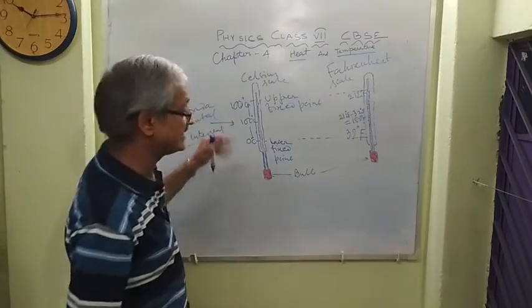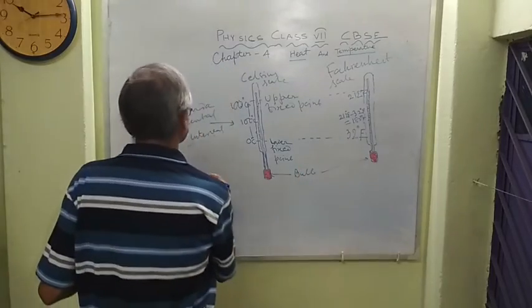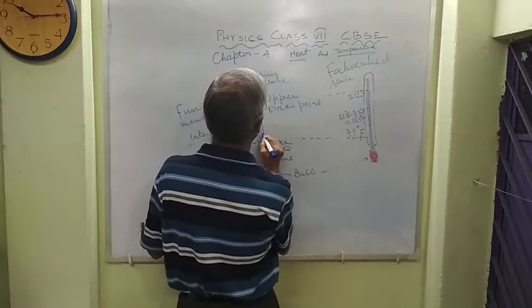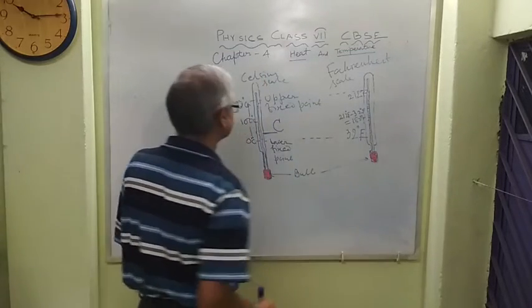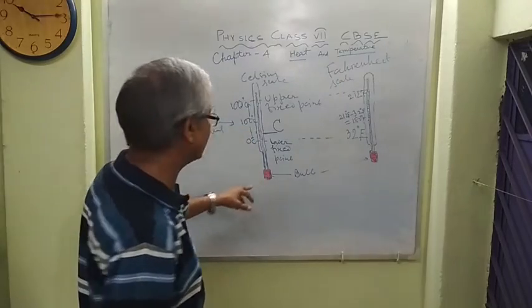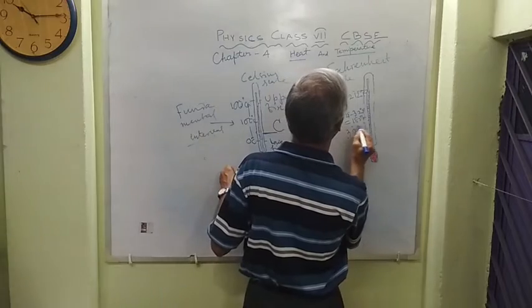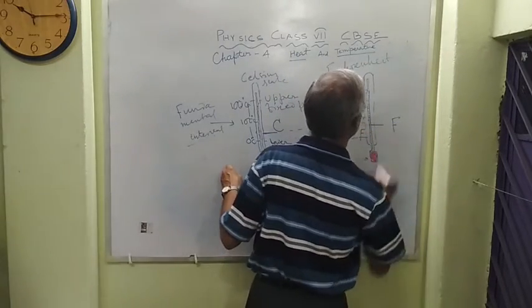We write it in this way. Let us consider a temperature measurement. C is the reading in the Celsius scale, and the same temperature will be F in the Fahrenheit scale.